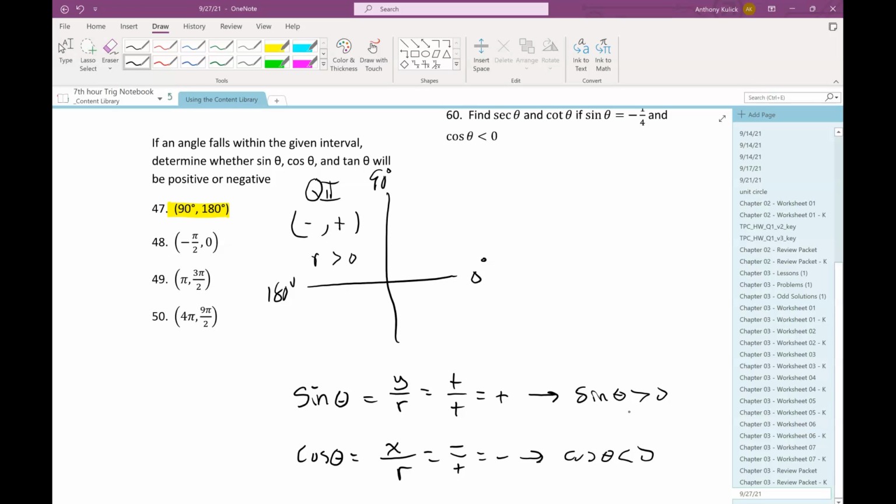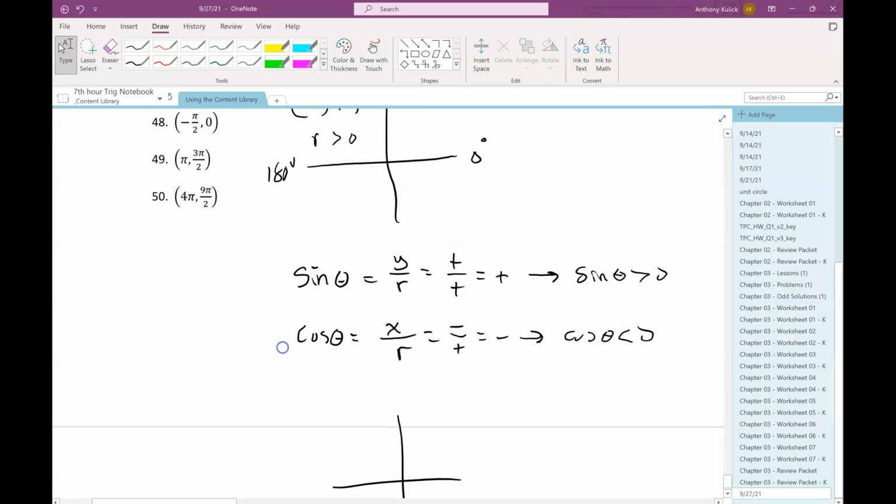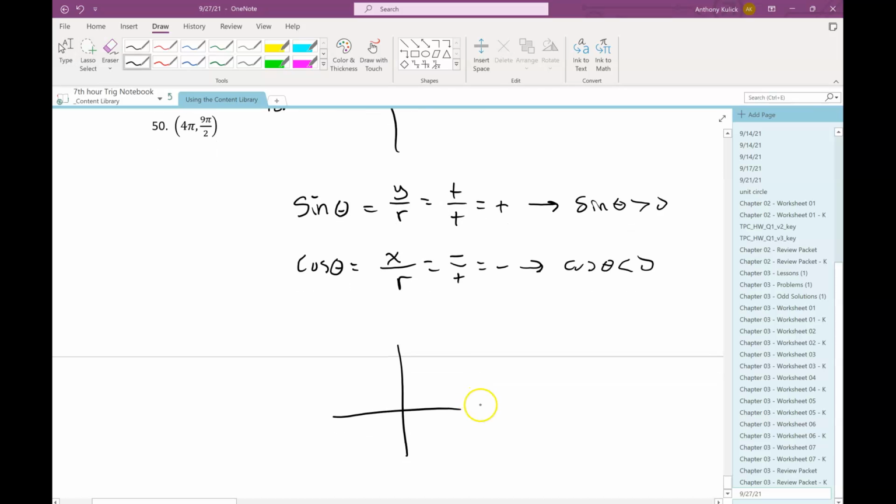Jeremy, absolutely. So you said you also wanted to do a radians one. Do you have a preference? 50. Okay. So I'm going to do the same thing. So 0, pi over 2, pi, 3 pi over 2, and then back to 2 pi. Again, 90 degrees is the same thing as pi over 2. And I'm just going to count around since this is not on the unit circle.